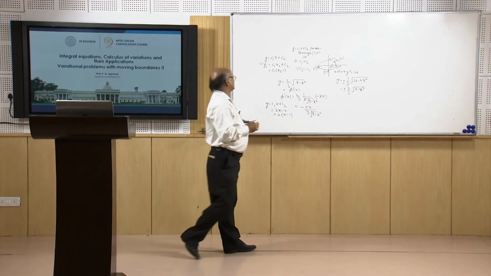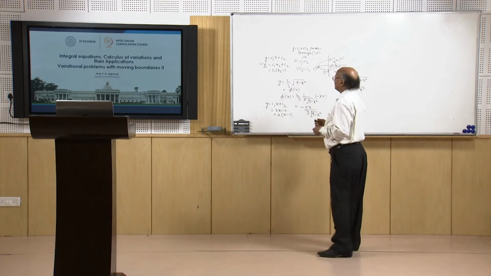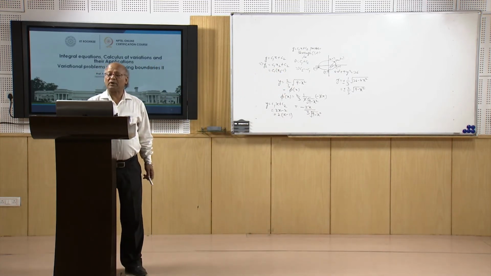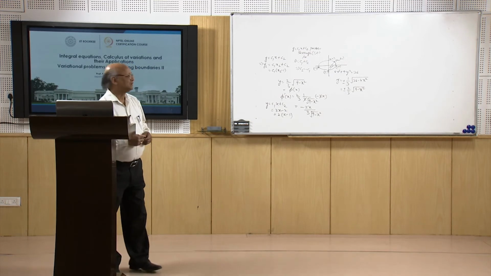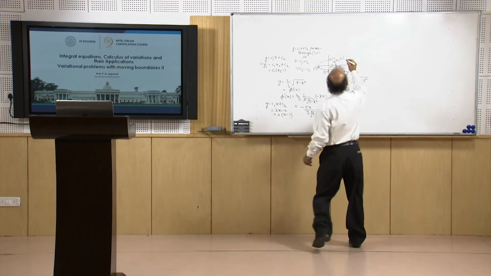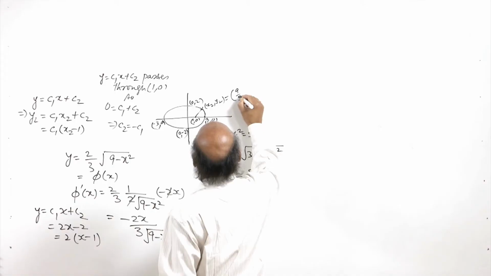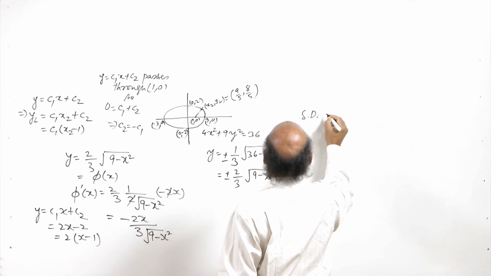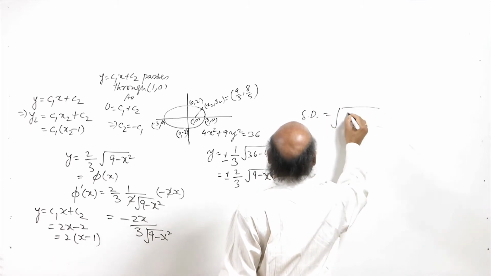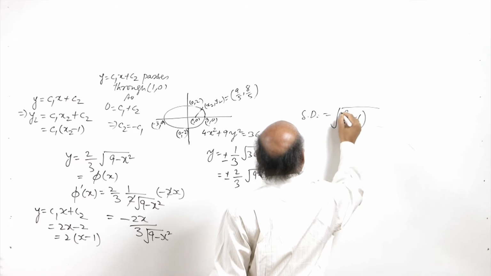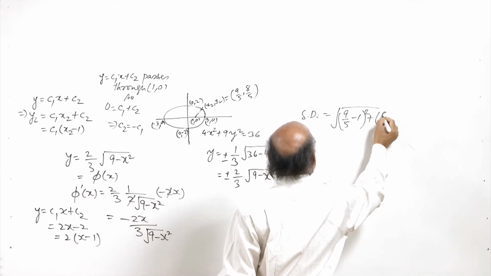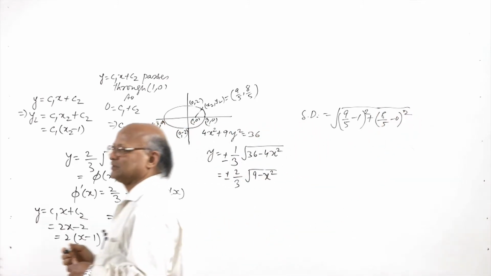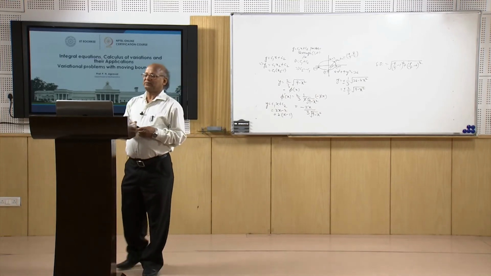So the shortest distance is attained along the line y equal to 2 times (x minus 1), and the point x2, y2 is coming out to be 9 by 5, 8 by 5. So the shortest distance is under root (9 by 5 minus 1) whole square plus (8 by 5 minus 0) whole square, which is equal to 4 square root 5 divided by 5.